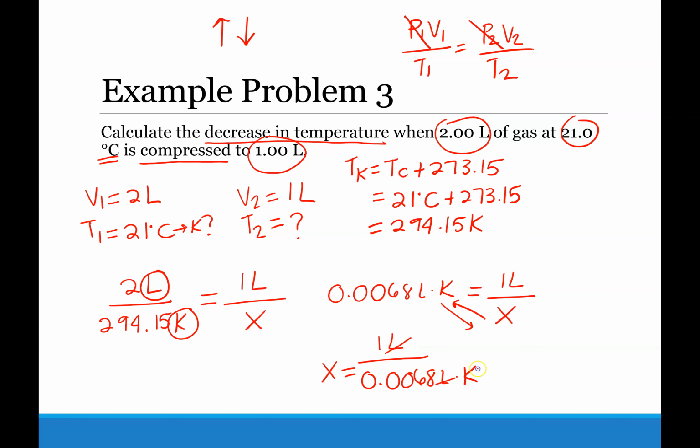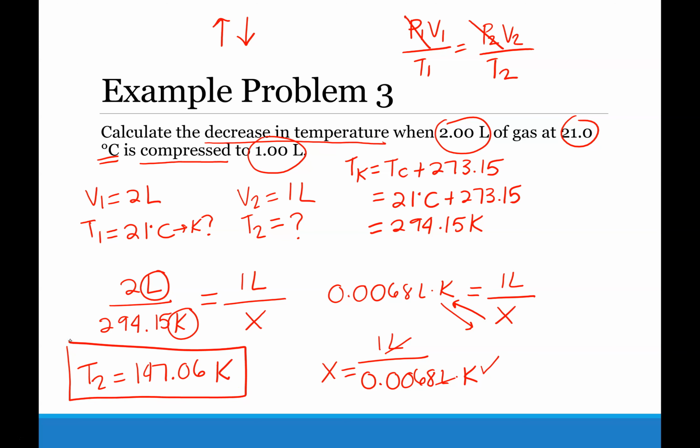So you can see where liters cancel when we're left in Kelvin, which is appropriate for temperature. So in your calculator, 1 divided by 0.0068 equals a final T2 of 147.058, so 06 Kelvin. Let me know if you have any questions about example problem 3.